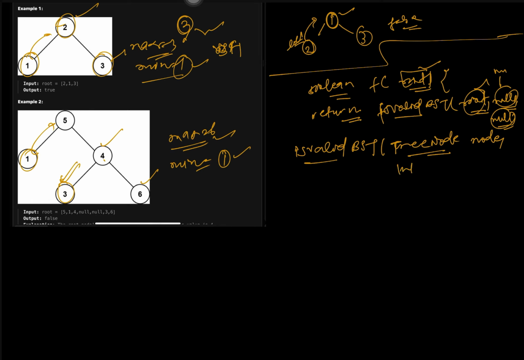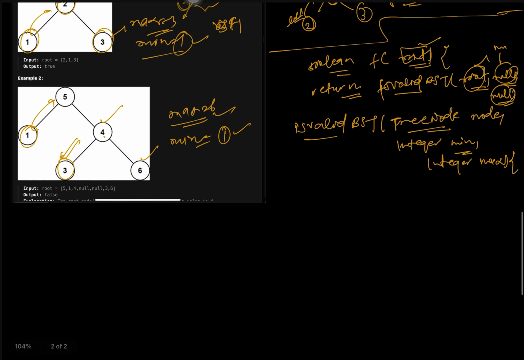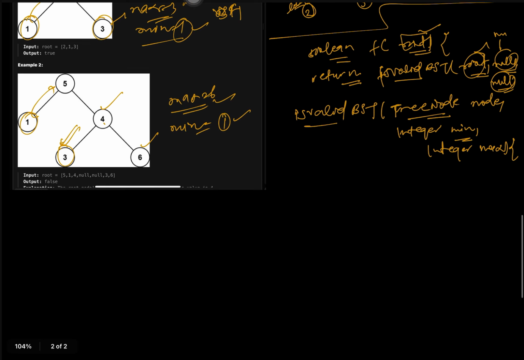We have two more parameters, integer min and integer max. First of all we check the condition: if node is equal to null, we return true.